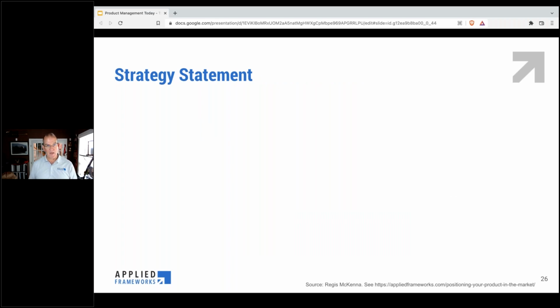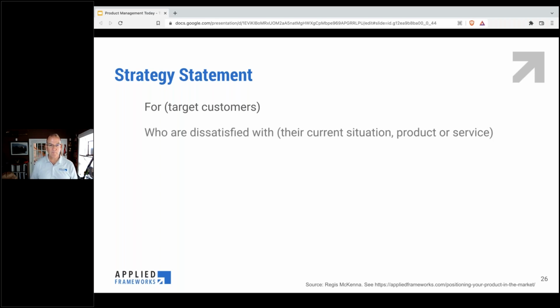So here's one format that you can use, and it's certainly not the only format that you can use to communicate your strategy in a very sequenced, logical approach. First is stating your target customers. So for, and then you insert your target customers or customer segments. So for companies that have software-enabled products and services, then you state the problem.